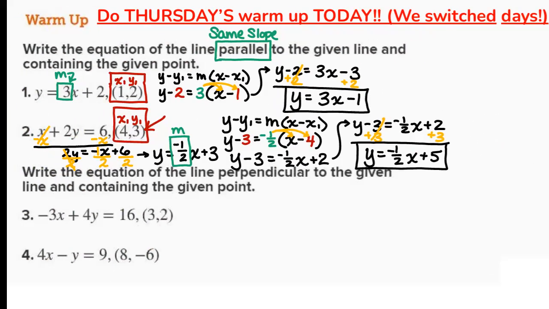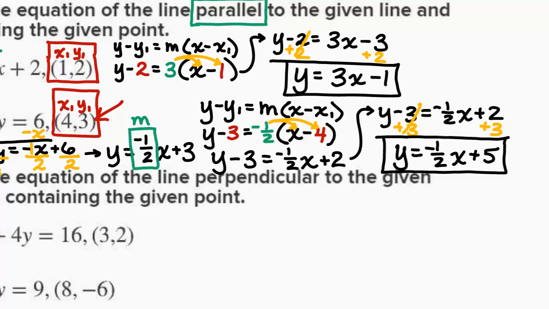For numbers 3 and 4, it's similar to what we did up in numbers 1 and 2, except now I want perpendicular instead of parallel, same slope. So how do I make something perpendicular? With parallel, I just grab the same slope. This one will be a different slope.